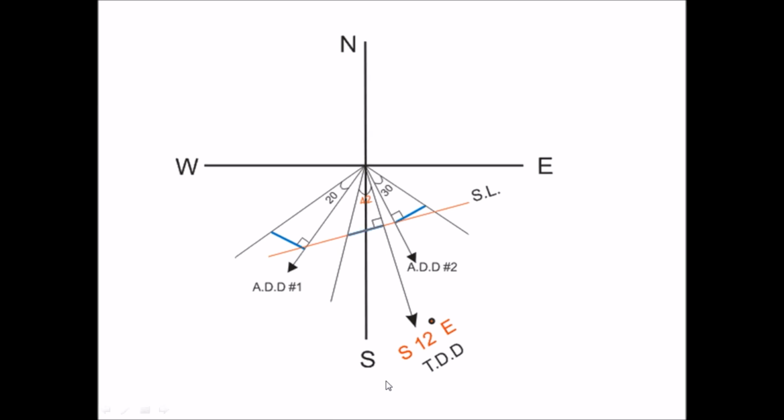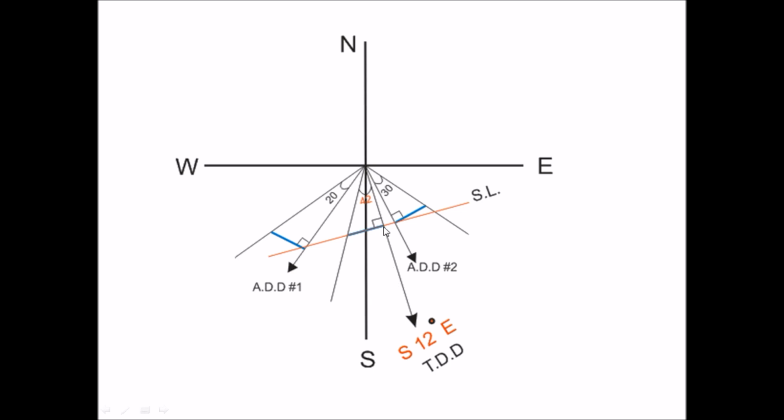So once we have determined the direction of true dip, say 12 degrees east of south, the next part is to determine the amount of true dip. Again, we have to reconstruct the triangle for the true dip direction, keeping in mind that H will be the same and H will always be perpendicular to the direction line.